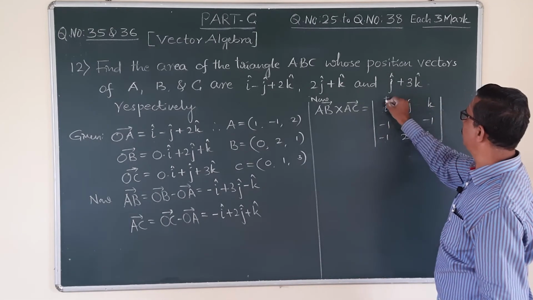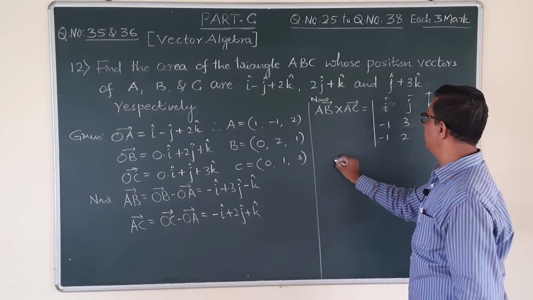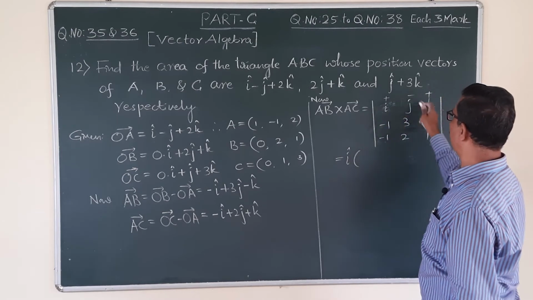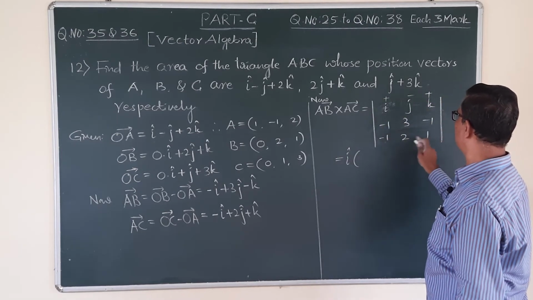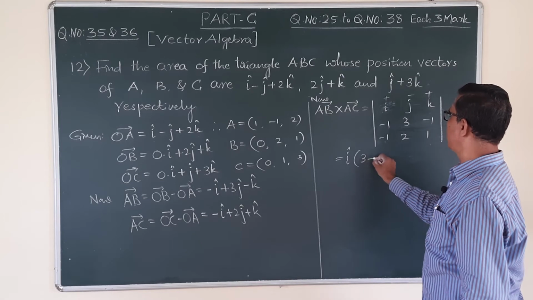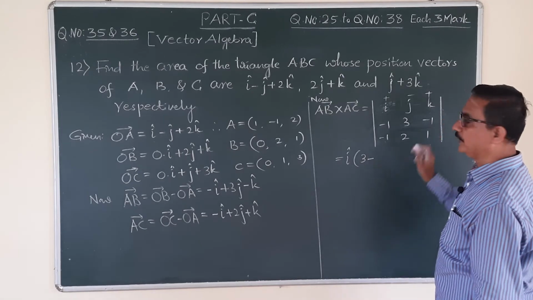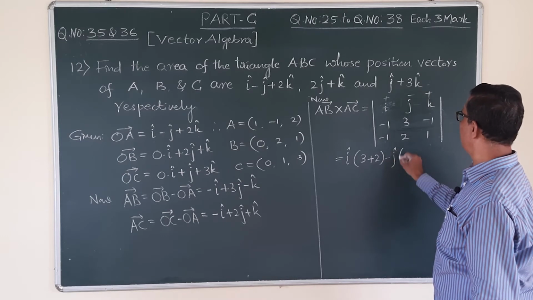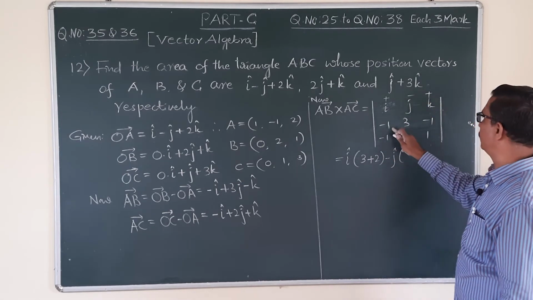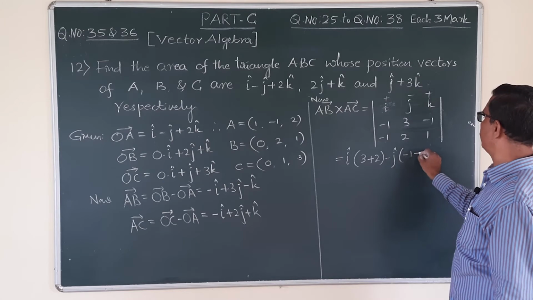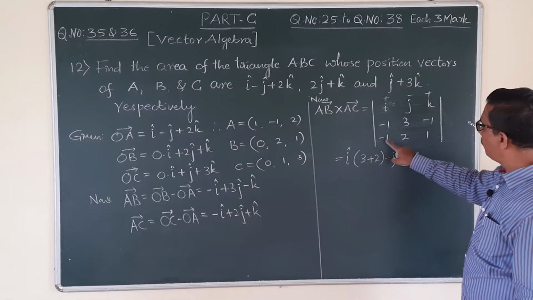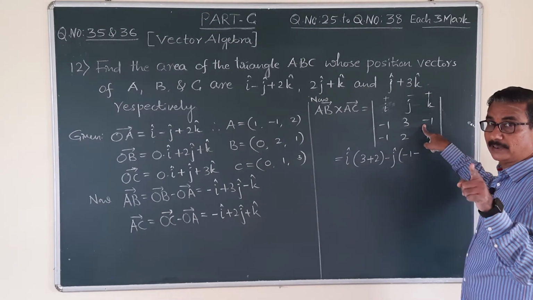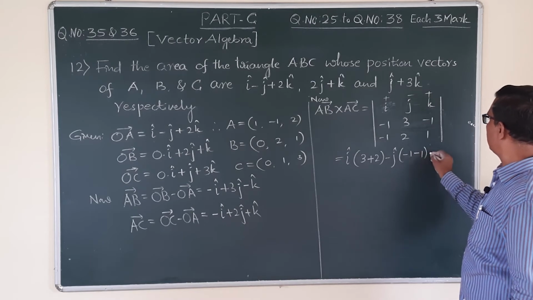Expand that determinant. You know how to expand it. That is i into, deleting first row, first column, the difference of the cross multiply: 3 minus minus 2, that is plus 5. Minus j into, deleting first row, second column, minus 1 minus minus 1, that is minus 1 plus 1.